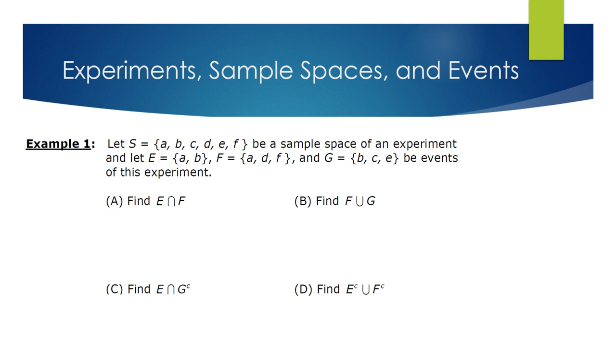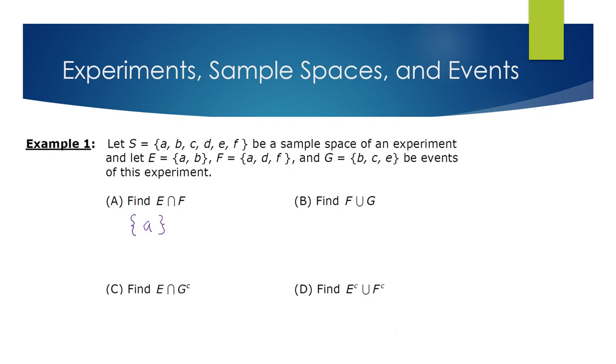Okay, so for the first one, we're looking for all elements that are contained both in E and in F. Looking at them, I can see the only element that's in both of them is A. So that's what this subset would be, a subset with the one element A. For the union of F and G, they both contain half of what S is, but they don't have anything in common.